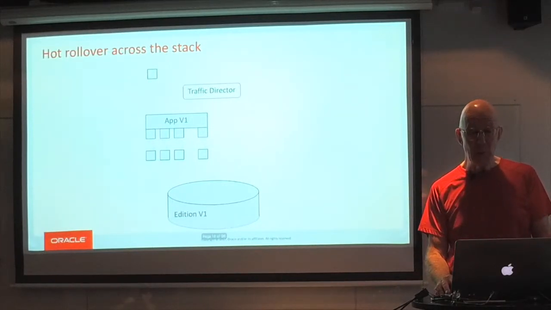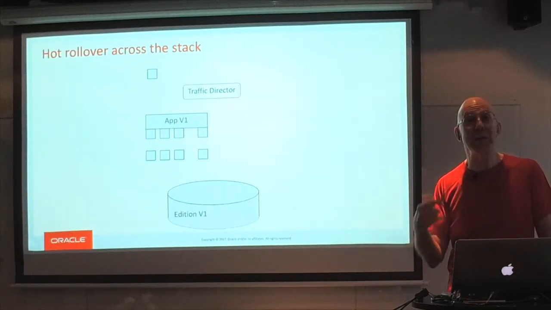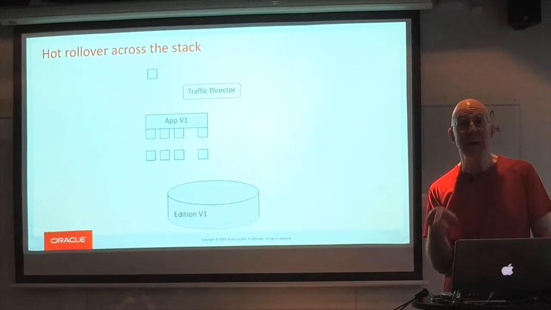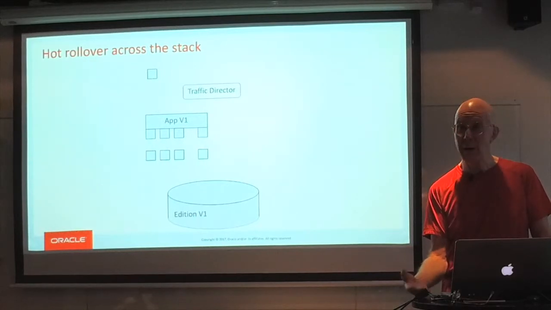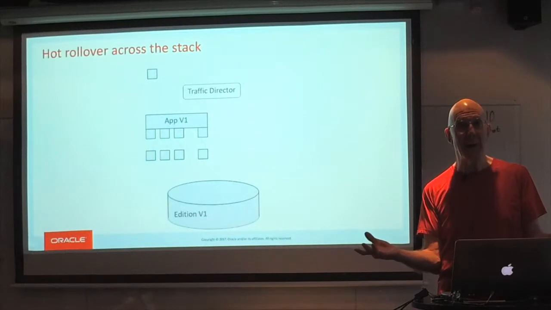So you're sent to application version 1, but in the same way that this cookie that goes up and down reflects the fact that you're you and you're authorized, it reflects the fact that for the duration of your session until you end it in your own sweet time, you're on version 1, right? You're on V1. You're affinitized to V1. I'm sure you can imagine how that can be done, yes?